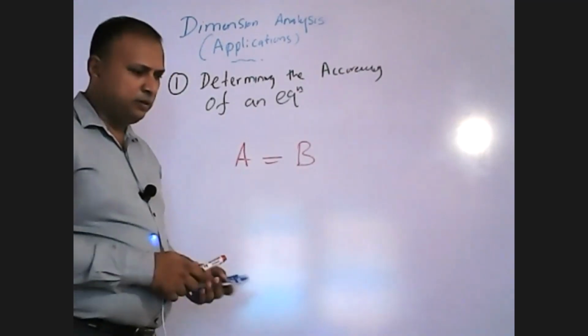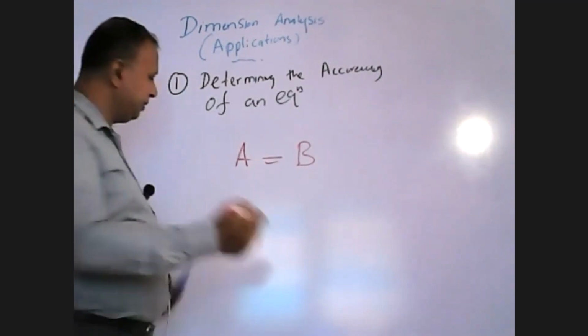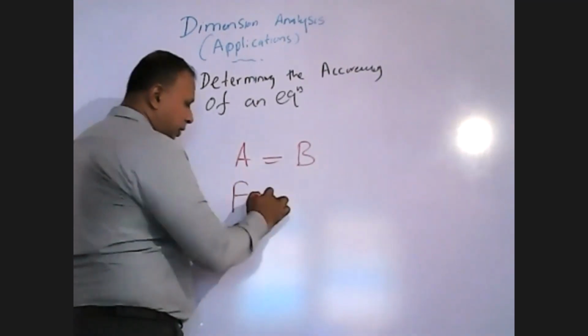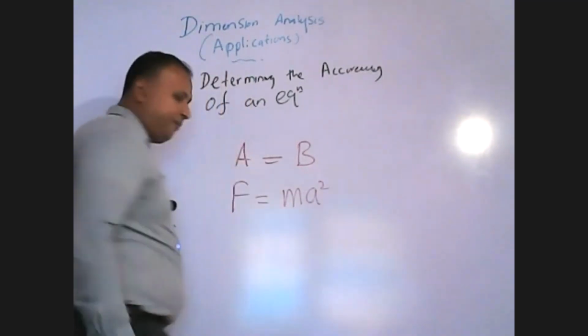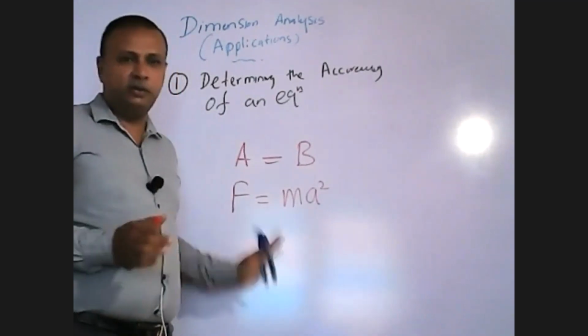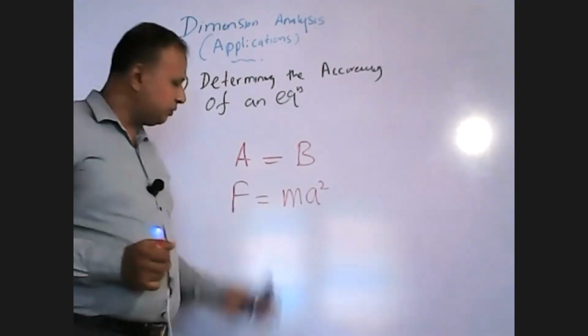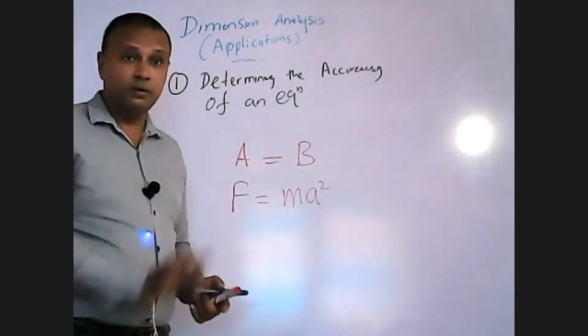Suppose we are given an equation, something like this: F equals m a squared. We know this is wrong, no? Definitely we know this is wrong because we know the equation F should be equal to m a.